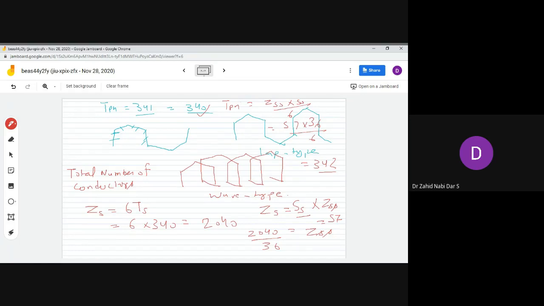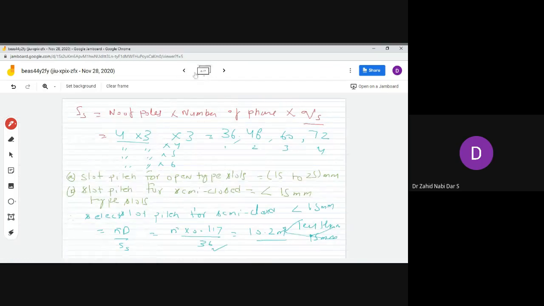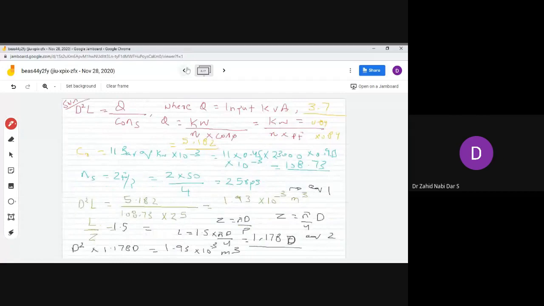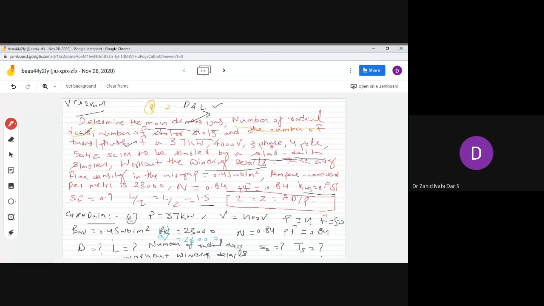So the thing is that now you have calculated the machine. You have also calculated the stator slots, which was 36. You even calculated ZSS also. So no problem.